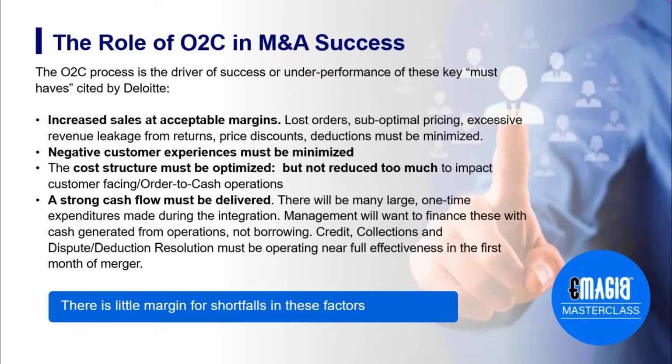rationale for the acquisition. So if your startup of the combined company loses orders, loses control of pricing, and there's excessive revenue leakage from returns, unauthorized discounts, lots of deductions, that's going to affect those sales and strongly affect those margins.